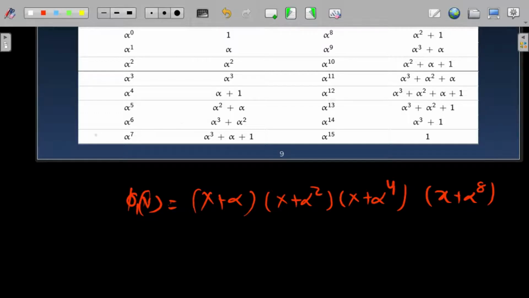Alpha has conjugates alpha square, alpha^4 and alpha^8. These four are conjugates of each other. Using this we can calculate this.